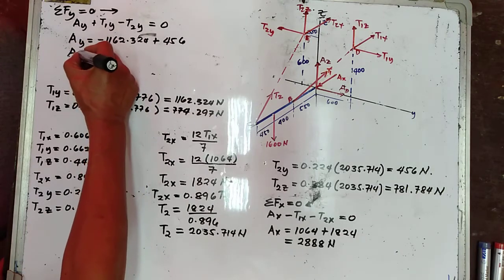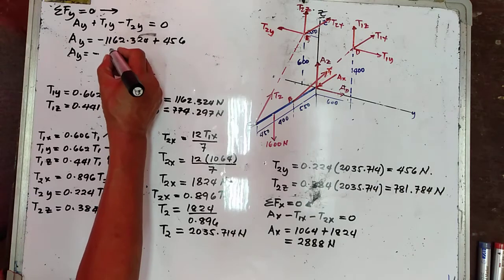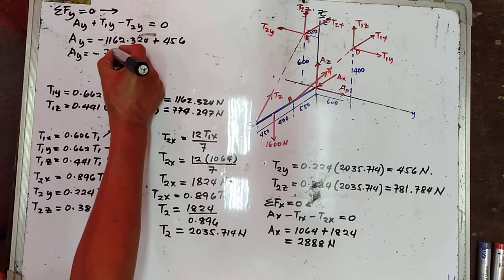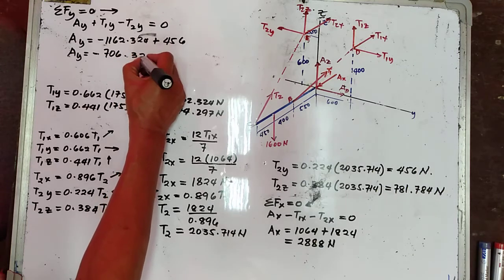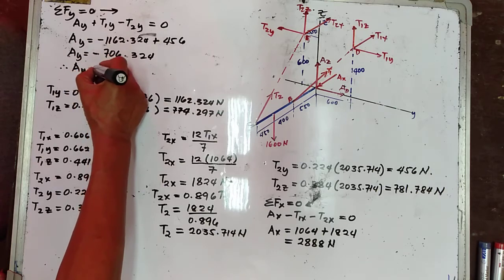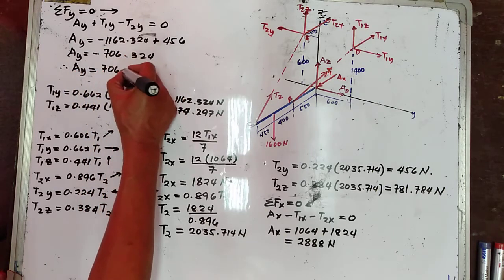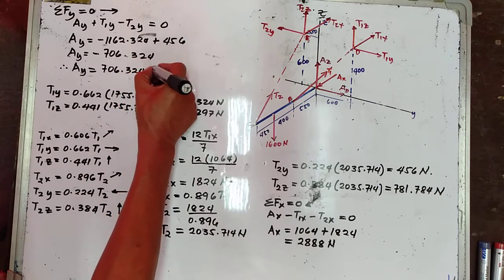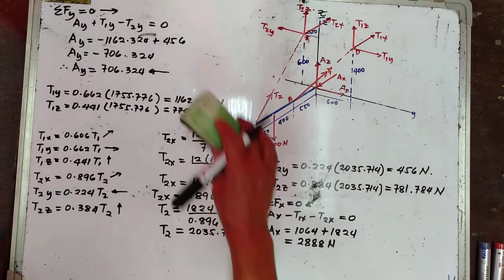Therefore, your AY is equal to negative 706.324. Therefore, AY is equal to 706.324. It goes to the left.